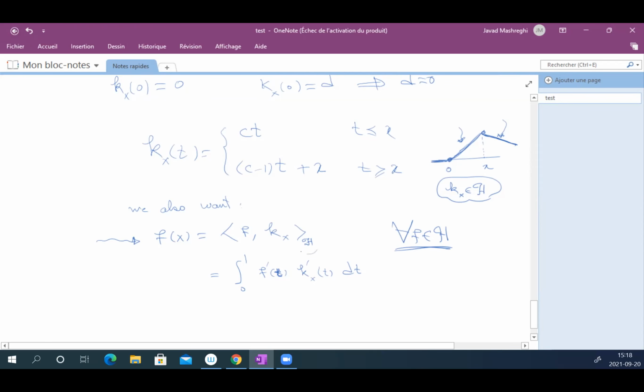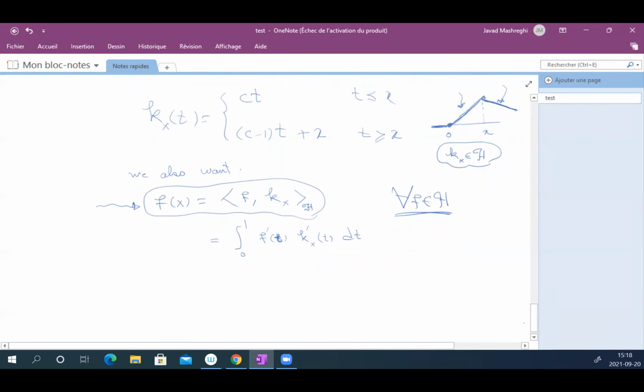Why do I write this? This is not automatic. I want to have this identity for all f in the space. And now let's see what we obtain. The integral from 0 to 1 of f′ k_x′, and f′ has two values depending on whether we are between 0 and x or between x and 1. So I write this integral from 0 to 1 as the integral from 0 to x plus the integral from x to 1.